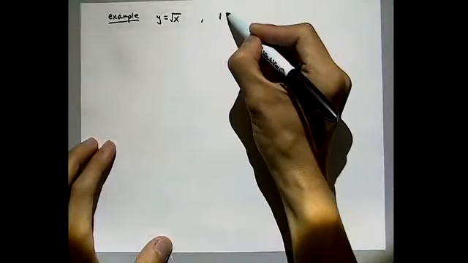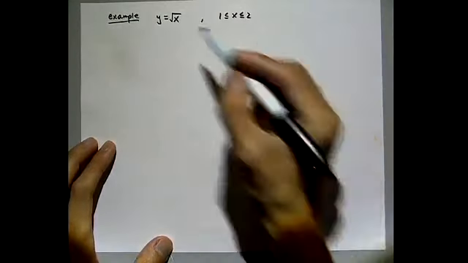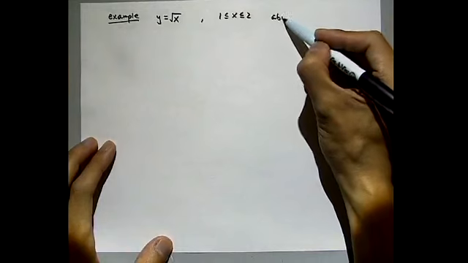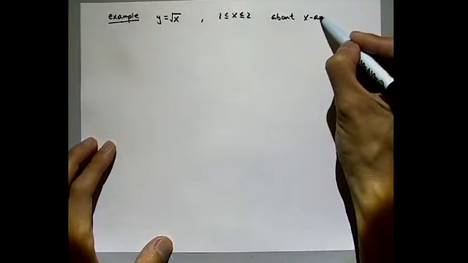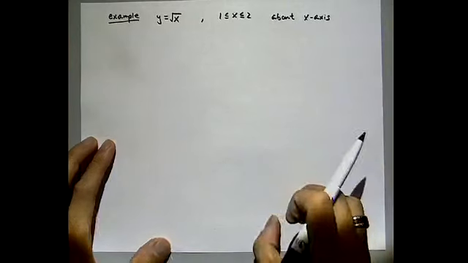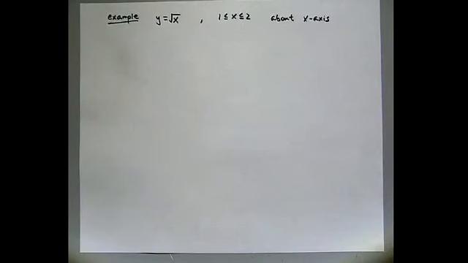We'll use a simple shape. y is equal to radical x, x is bounded between 1 and 2, and we're taking this to go about the x-axis. Right?